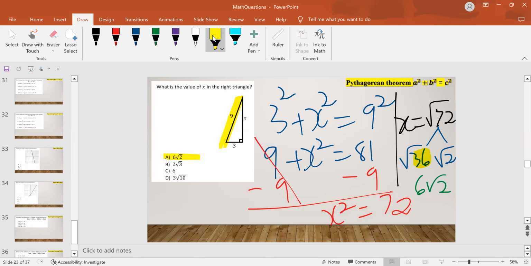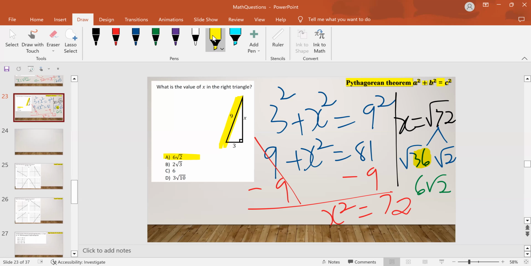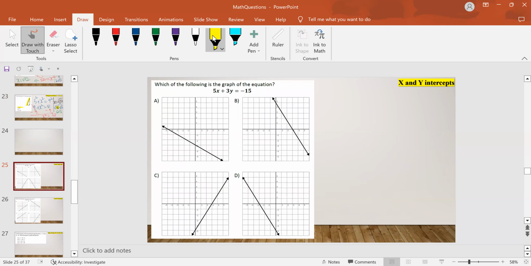Now let's see the next question. The next question here is this one. It says, which of the following is the graph of the equation 5x plus 3y equals negative 15? When you have a question like this, try to find the x-intercept and the y-intercept.